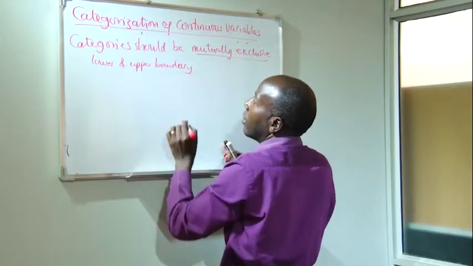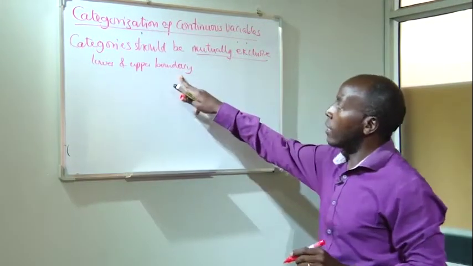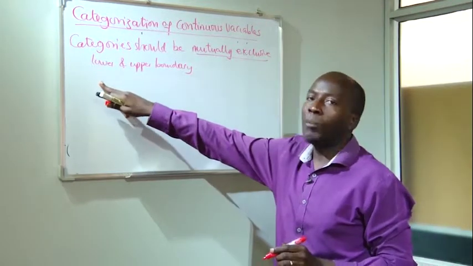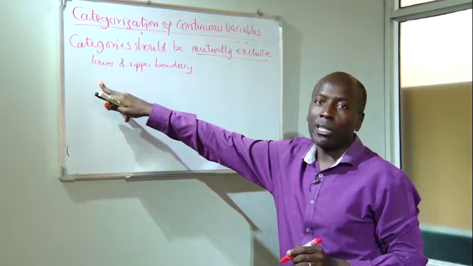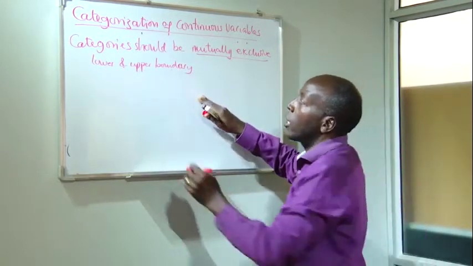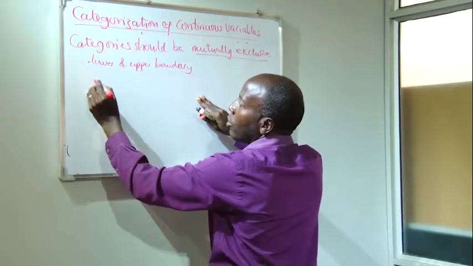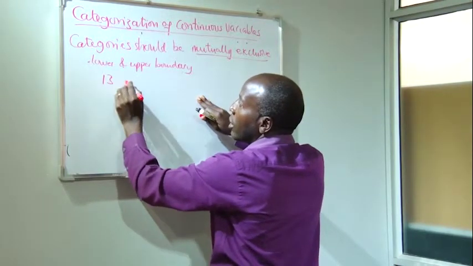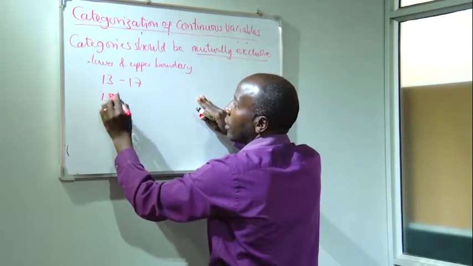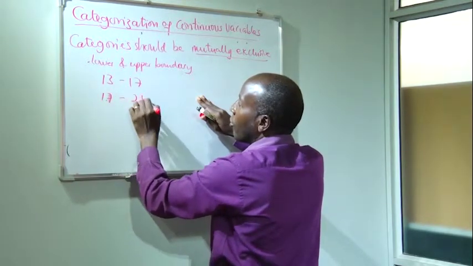Lower and upper boundary. The upper boundary of one category should not also be the lower boundary of the next category. They should be totally mutually exclusive. For example, you cannot have 13 to 17 and then 17 to 24.